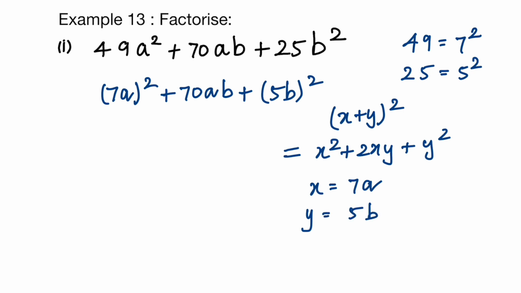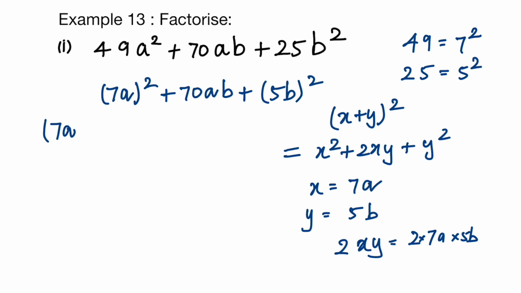And the second term should be 2xy, so it should be 2 into 7a into 5b. 2 into 7 is 14, 14 times 5 is 70, or rather 7 into 5 is 35 and 35 times 2 is 70. So the 70ab is basically 2xy for this expression.